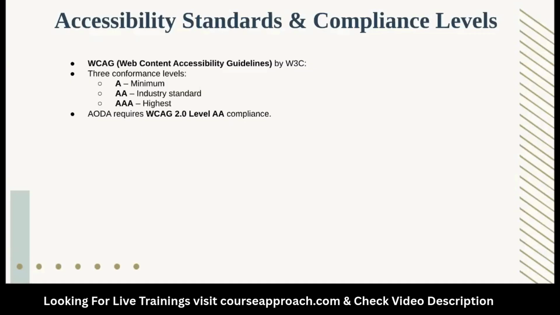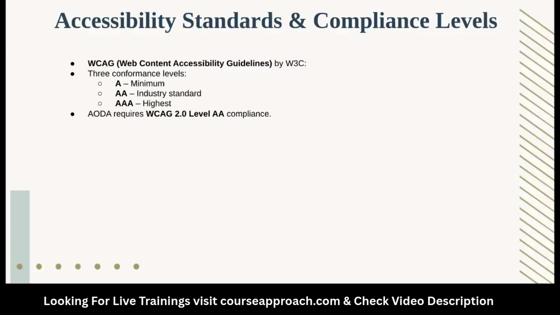But level double A is the industry standard. Triple A is the highest one. There will be more complicated things, and those also fall under this. But as per the AODA requirement, we should have level double A compliance. That is the current one which we are following: WCAG 2.0 level double A compliance.